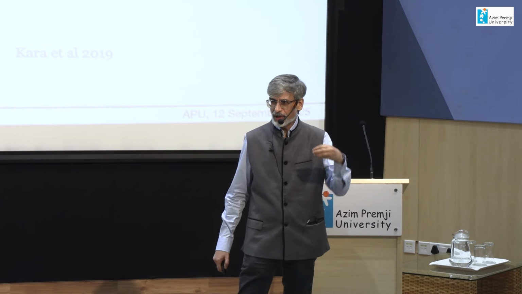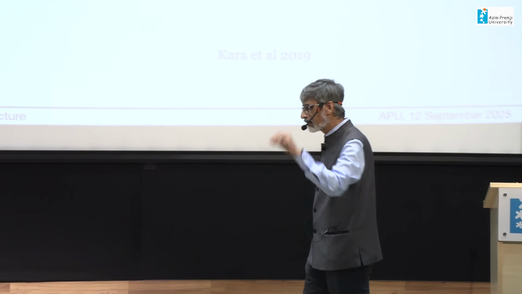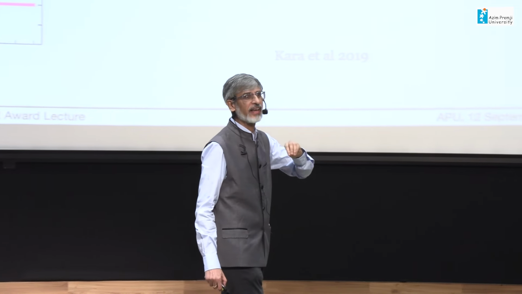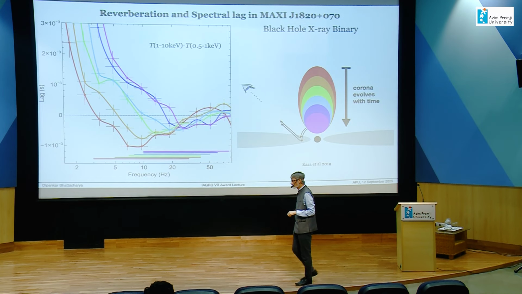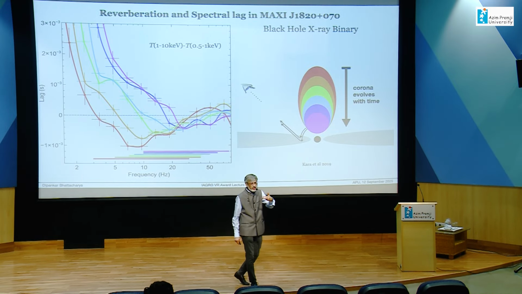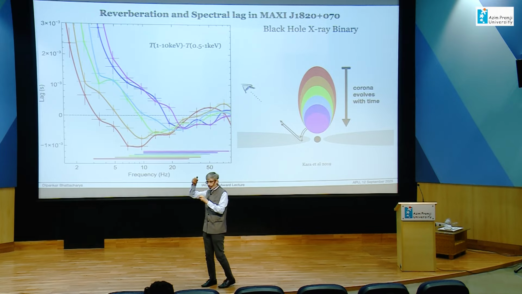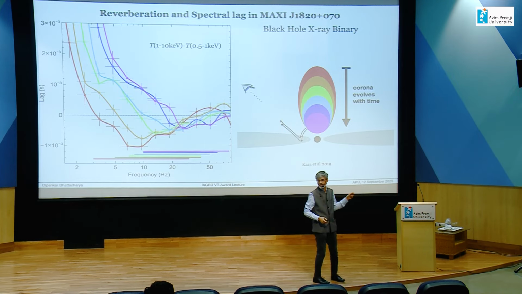So we get some radiation which is direct, some radiation which is reflected. And since the reflected path is longer, you would expect a delay in the arrival of the reflected radiation. And this delay can actually give you a measure of the distance between where the radiation is being produced and where the reflection is occurring.